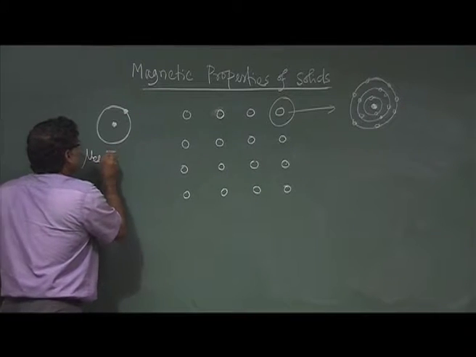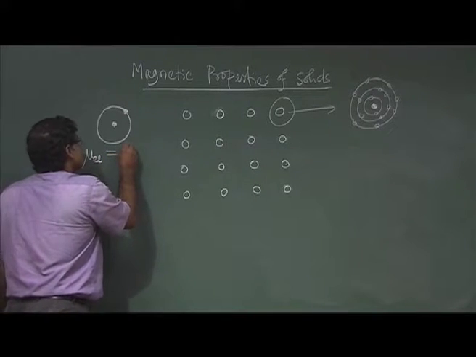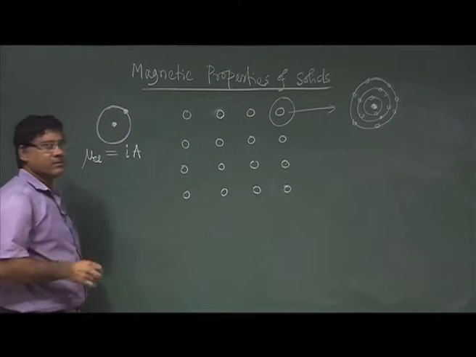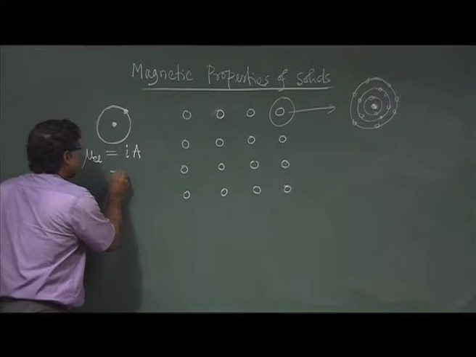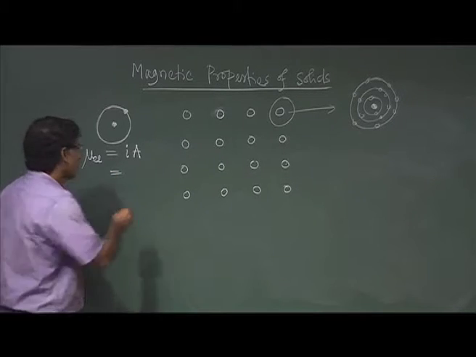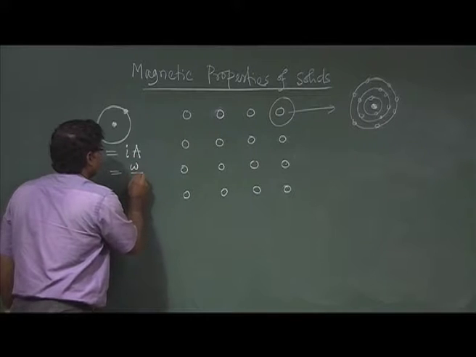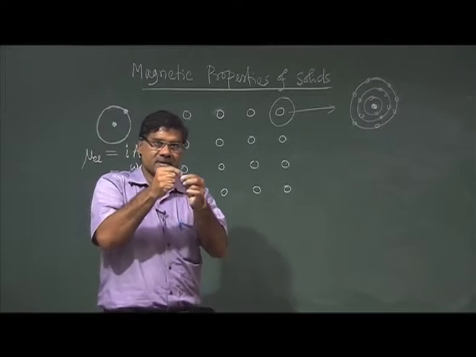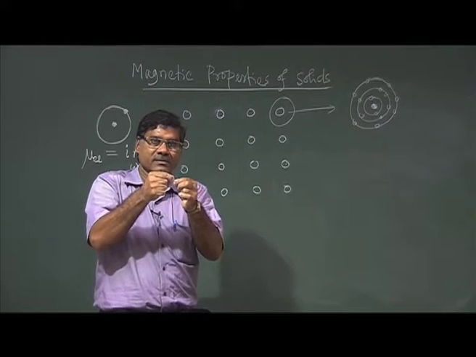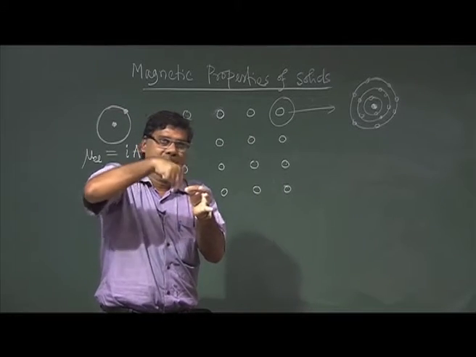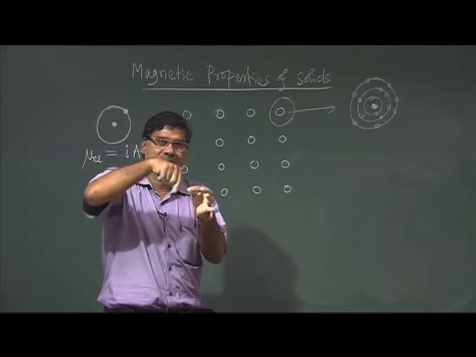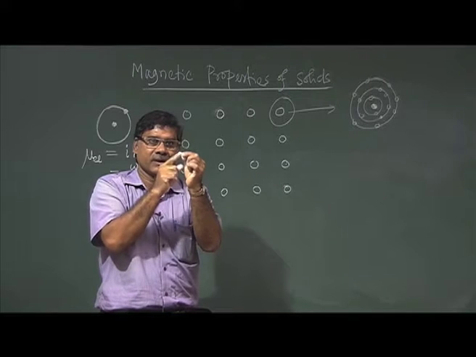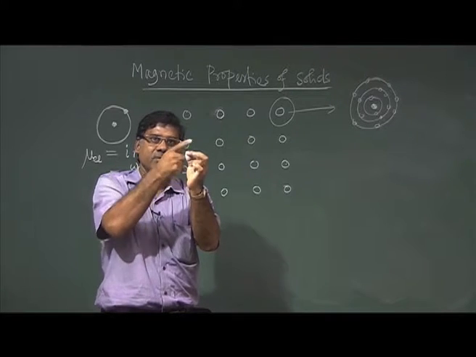So mu E L is I times A, the current in this closed loop times the area of the closed loop. Then I is omega by 2 pi, that is nu, which means in 1 second this electron will rotate nu times. So charge will pass through a point nu times.